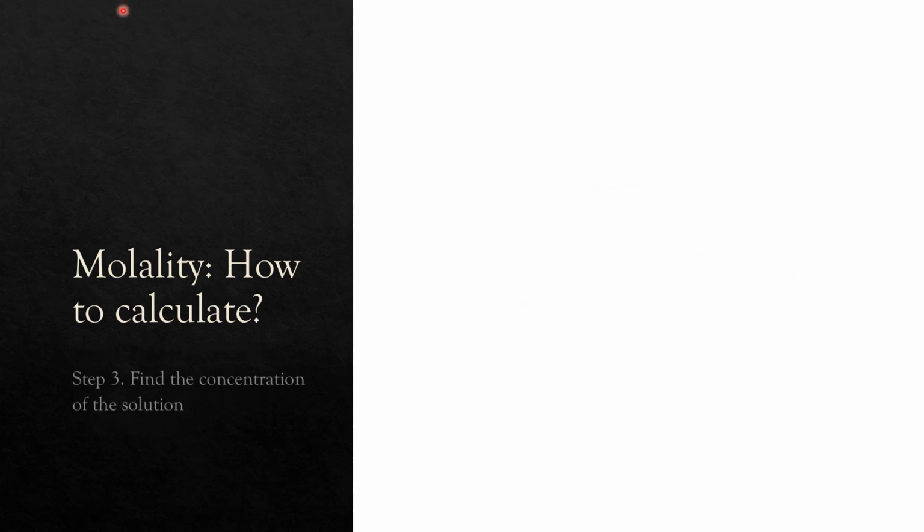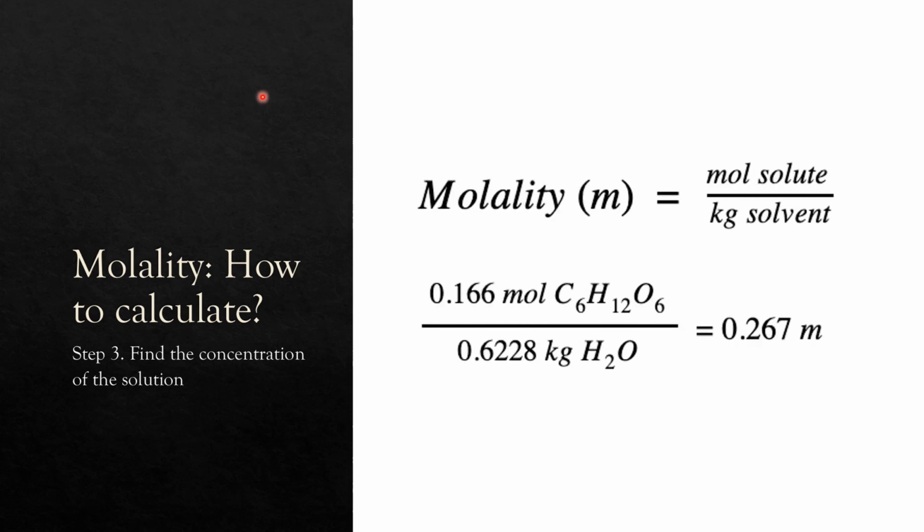After we derived the moles of our solute, we are now ready to find the concentration of our solution. We just substitute the values into our formula. Molality is equal to the moles of our solute divided by the kilograms of our solvent. The moles of our solute is 0.166 moles of glucose.